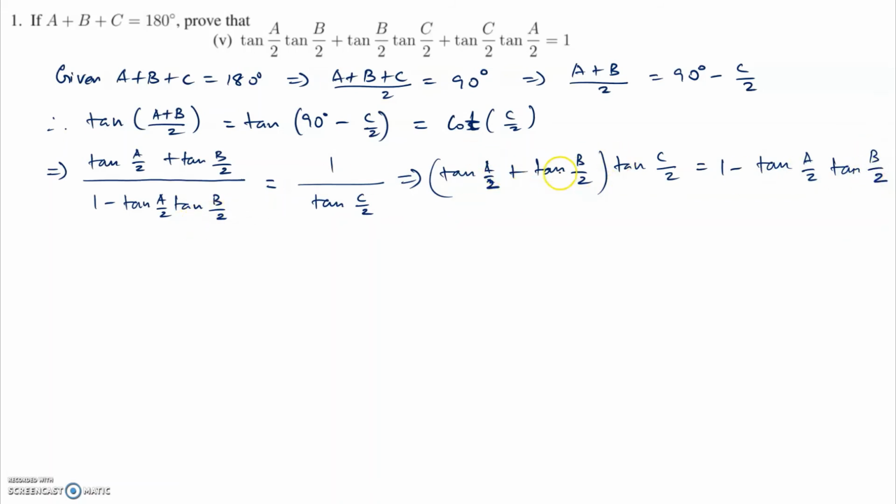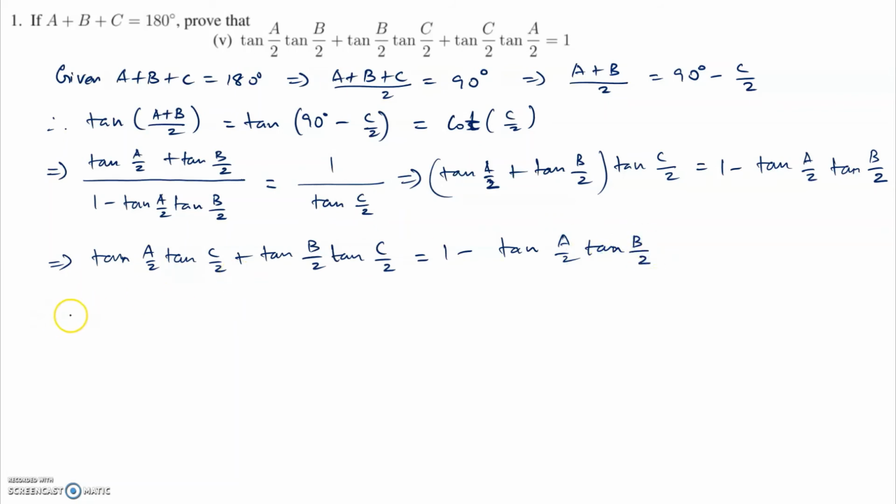Let's now multiply the terms outside the bracket and remove the bracket. So this will become tan A/2 tan C/2 plus tan B/2 tan C/2 is equal to 1 minus tan A/2 tan B/2.